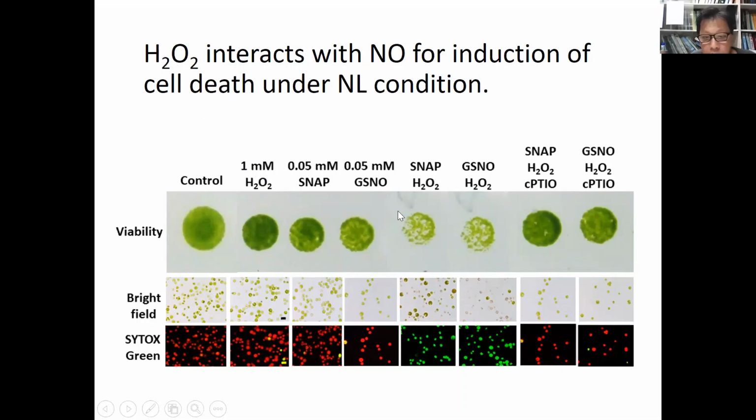Here you can see, with SNAP and H2O2 the cells cannot grow well, and also with GSNO and H2O2 application, the cells also cannot grow well, as compared to H2O2 only and SNAP and GSNO treatment only.